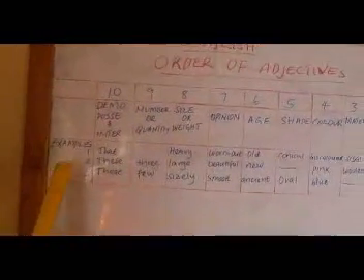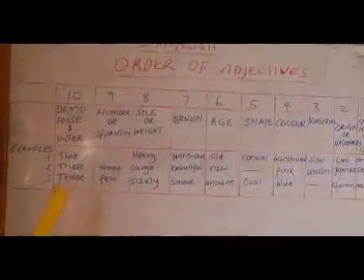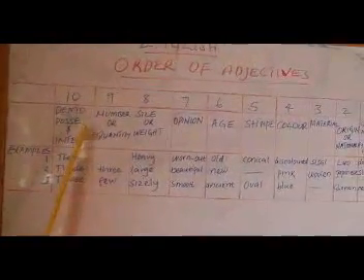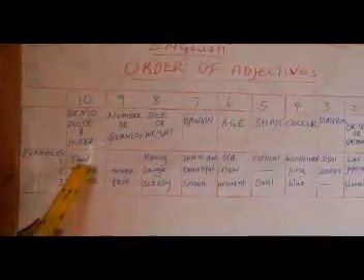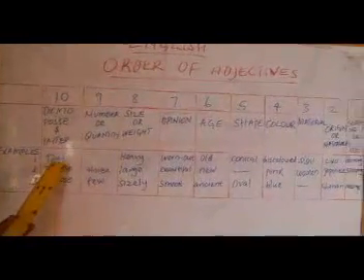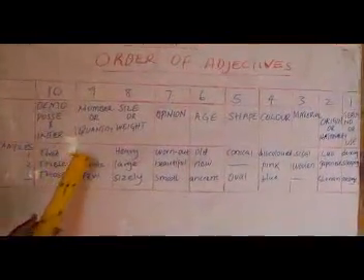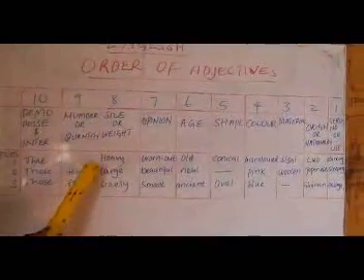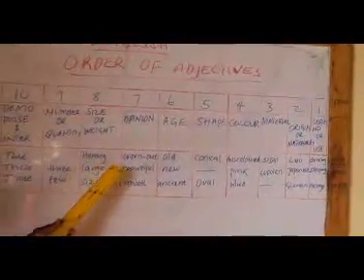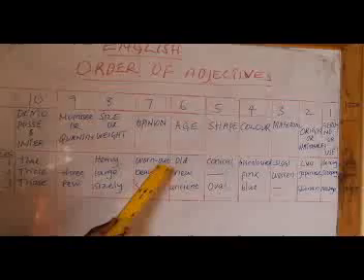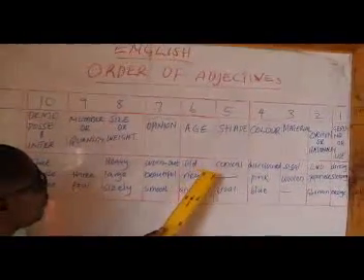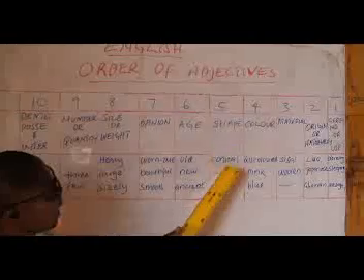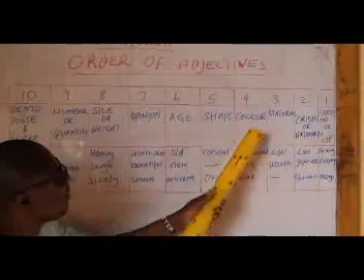I want to give examples of what we are saying, that demonstrative, possessive, and interrogative should come first. Like for example, example 1, that. Here we don't have number or quantity. Then we talk about heavy, worn out, that is opinion. Then age, we have old, conical, that is shape. Then discolored, that is color.